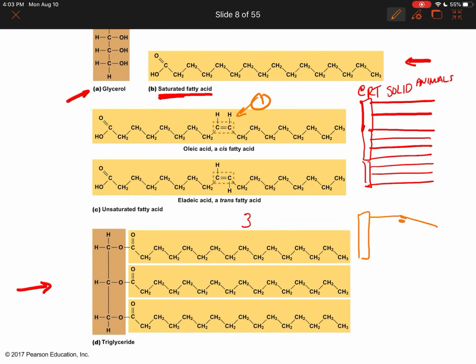The first way is that the 2 hydrogens are on the same side, and this is the cis fatty acid. Or the hydrogens are on opposite sides, and that's known as a trans fatty acid. You've probably heard of trans fats. It turns out that trans fats are very bad for your health, and they tend to lead to cardiovascular disease.